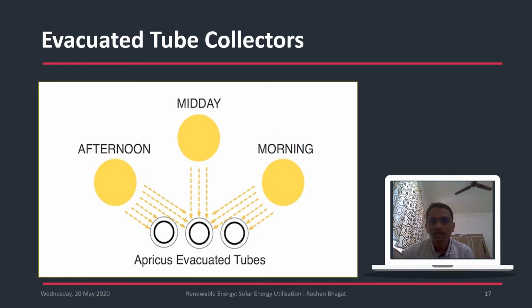Whether you are in the morning, the afternoon, or the evening, throughout that we have the solar radiation normal to the surface, as the absorber is circular in shape, so that's why the effective utilization of solar energy is there. This is one of the advantages of using the evacuated tube type of collector. Even at low sunlight you have comparatively better performance as compared to the other two types of collector.